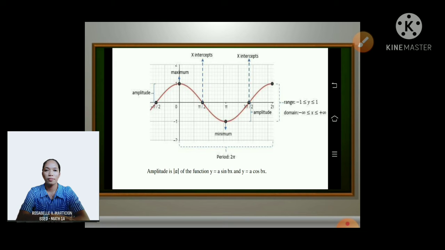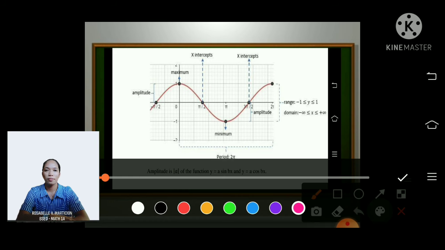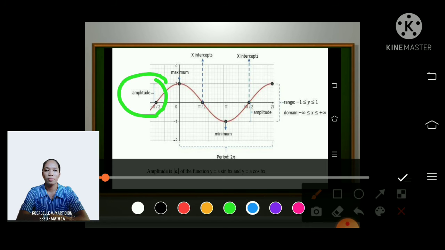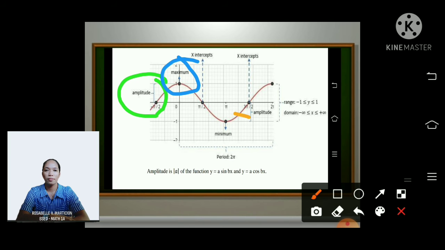So the amplitude is over there, and the maximum point is the highest peak of the graph. So this is the maximum point. The maximum point is 1, and the minimum point is negative 1, the lowest peak of the graph.